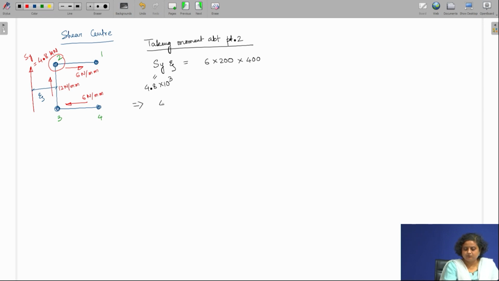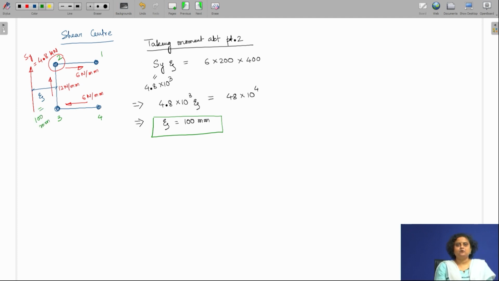Therefore, we have 4.8 into 10 to the power 3 zeta, and that is going to be equal to 48 into 10 to the power 4. That gives us that zeta is equal to 100 millimeter. So this is the answer that we have. This shear center is 100 mm from the vertical web 3.